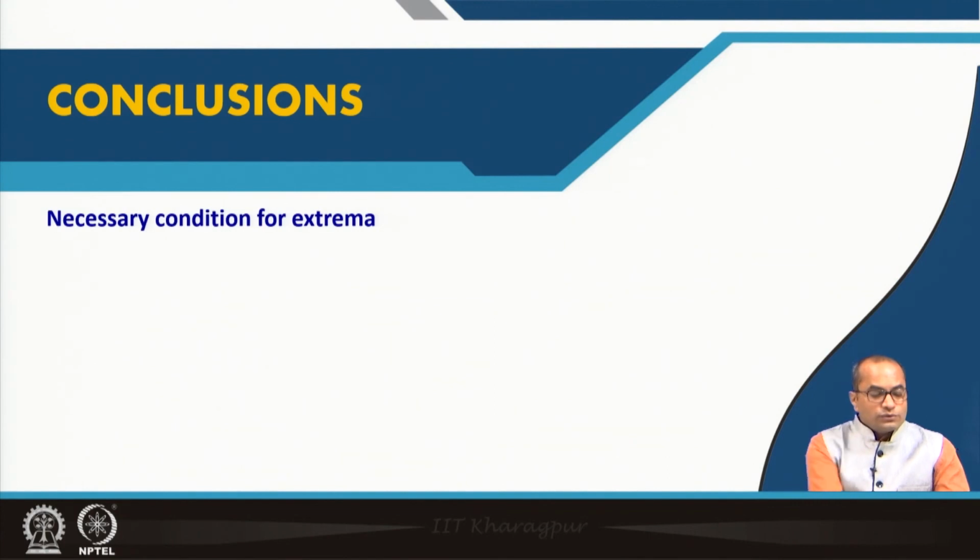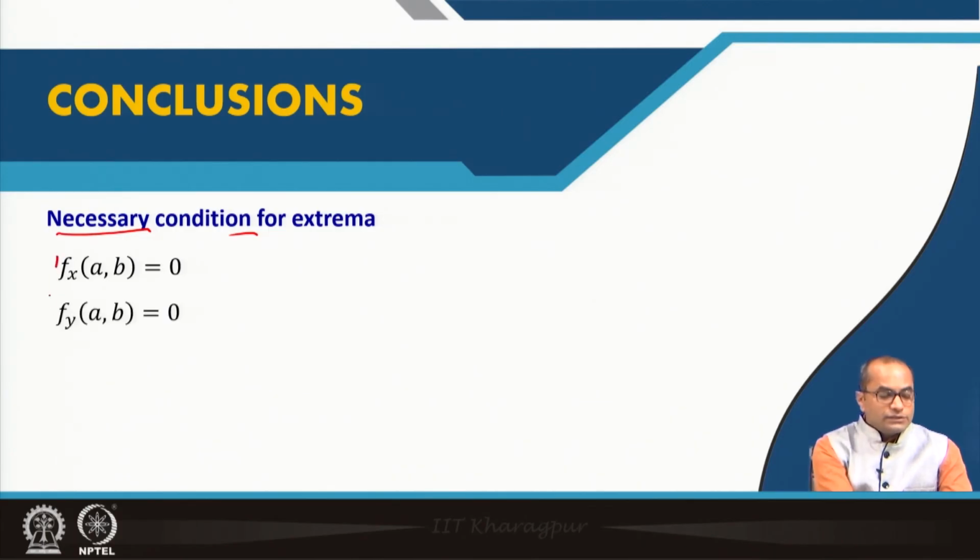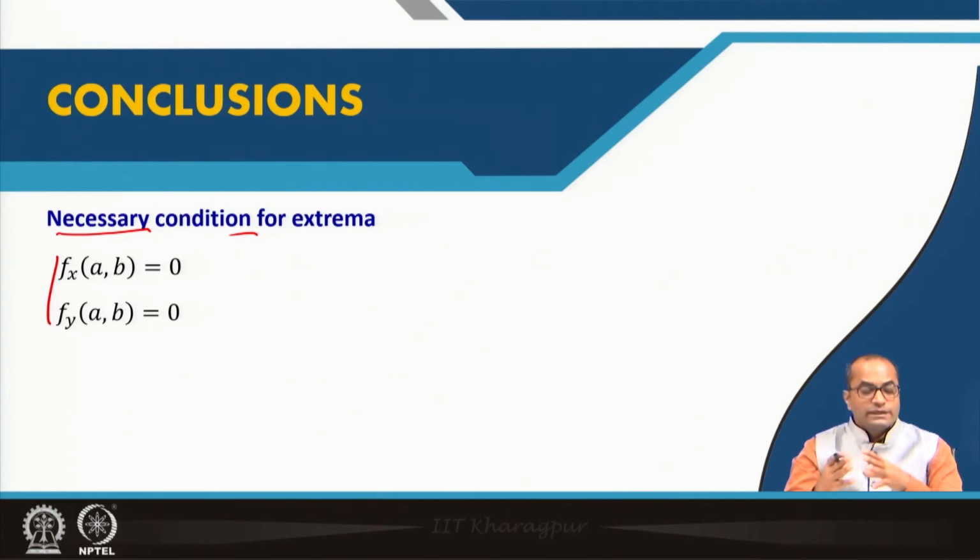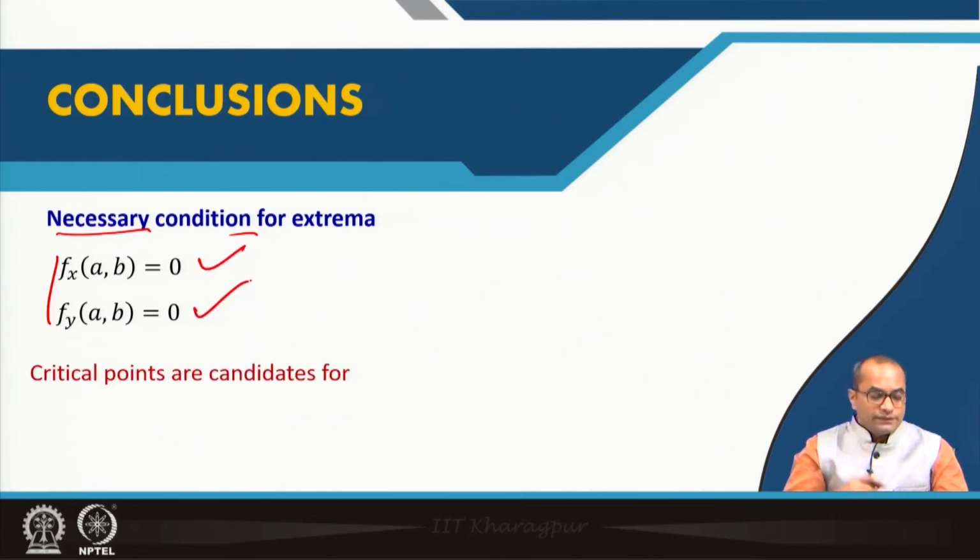Well, just to conclude, in this lecture we have learned these necessary conditions for extremum. By setting these two derivatives to 0, we will get all the critical points, and these are basically the necessary conditions for extremum. So, if a point a comma b is a point of extremum, then f x must be 0 and f y must be 0 at that point.